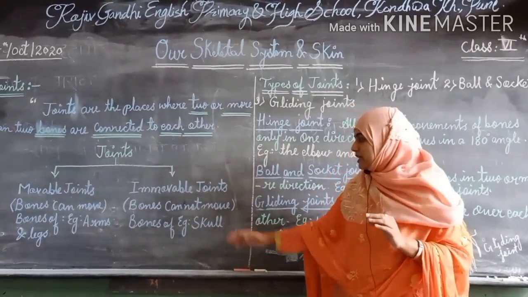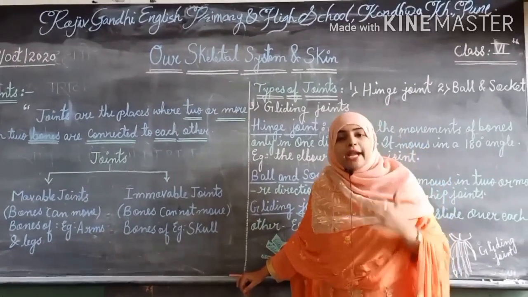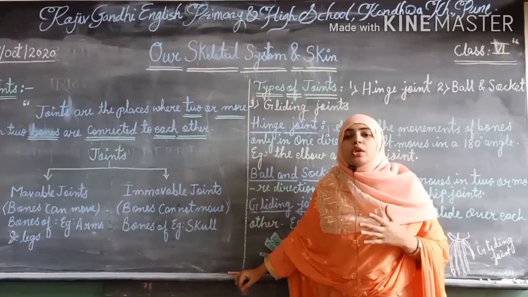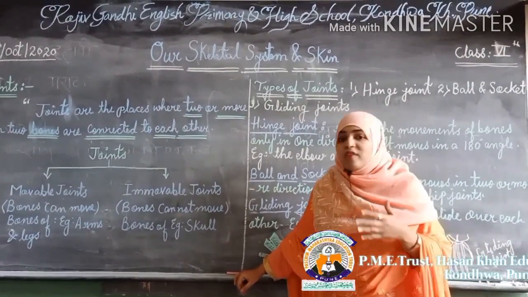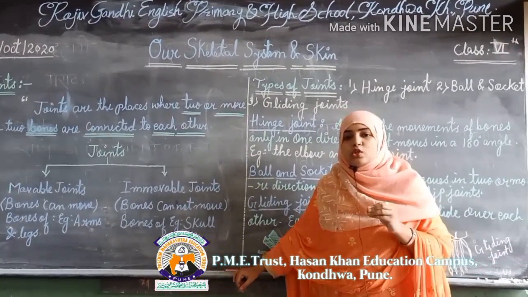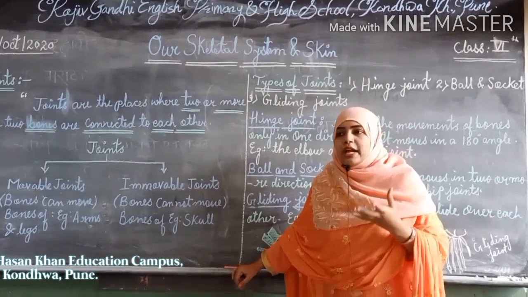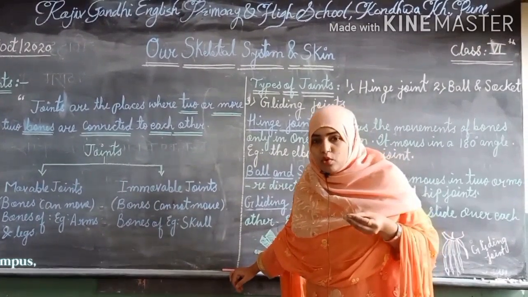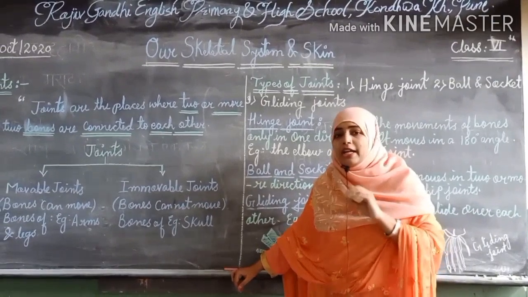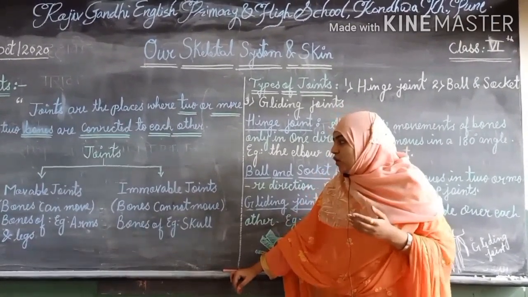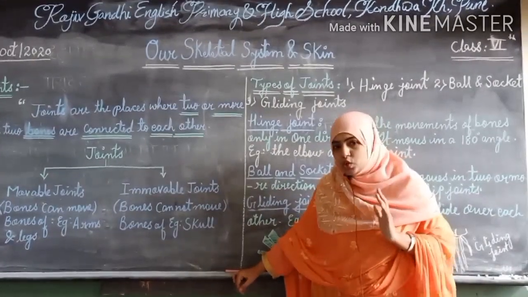The example is the bones of the skull, the bones present in the head region, which are known as immovable bones. But except the lower jaw, because the lower jaw has a bone, but it moves, so it is a movable bone. The skull region has bones but they can't move, that's why they are known as immovable bones or immovable joints.